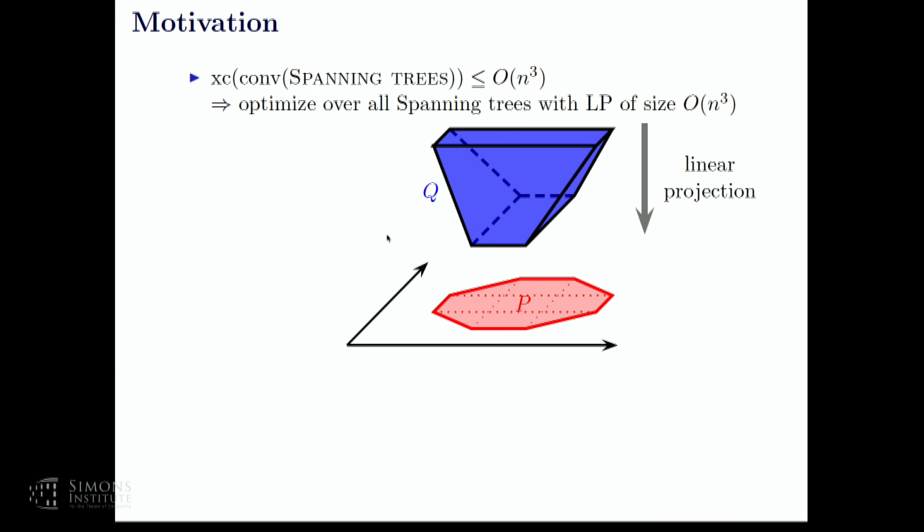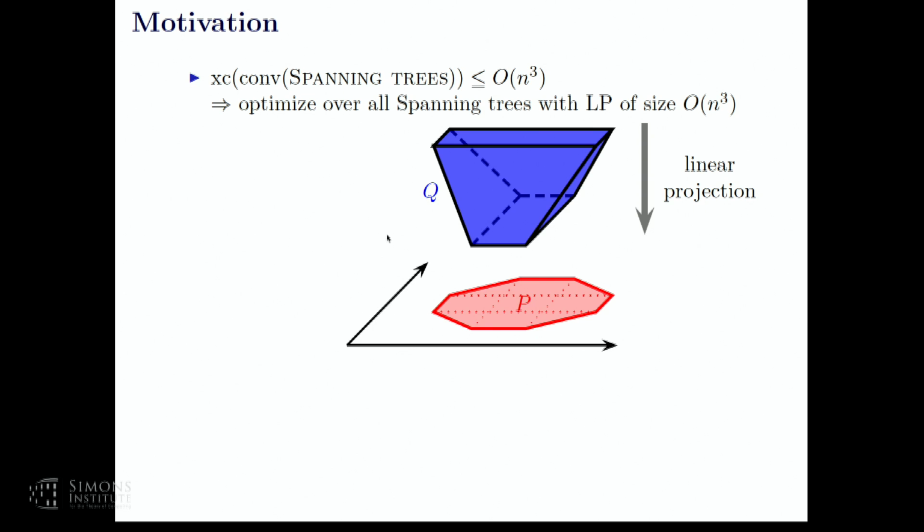But there is a way how you can write this in a higher dimensional space by adding some, let's say, flow variables, and only have n cubed many inequalities. And then instead of optimizing a linear function over the actual polytope, you can just optimize the same linear function, padded with some zeros, over the higher dimensional polytope, and you get your answer. So you can get your answer by just solving a linear program that has polynomial size. And that's a nice thing.